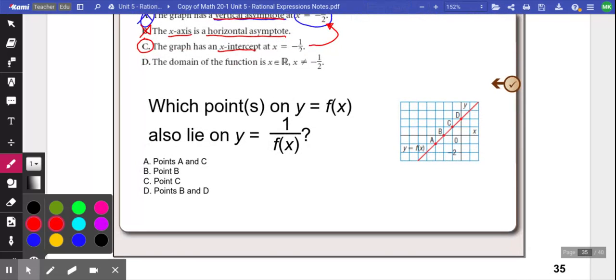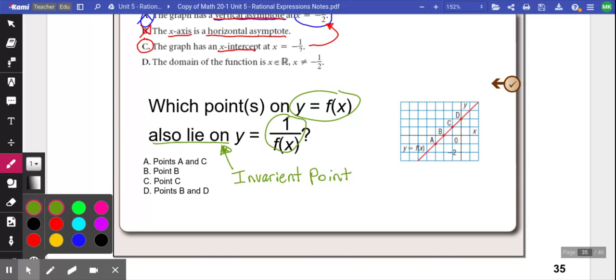Part B. Which point on y equals f(x) also lies on 1/f(x)? Also lies on. That has a term. It's called an invariant point. These are points that are on graphs and then also on their reciprocal, which is 1 divided by it. They happen at y equals 1 and y equals -1.